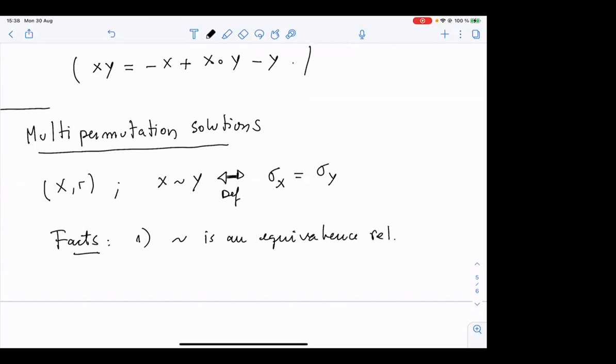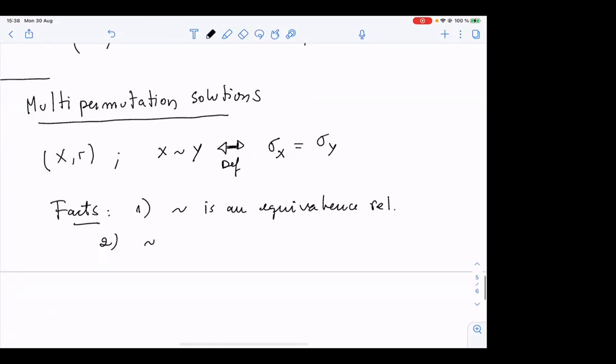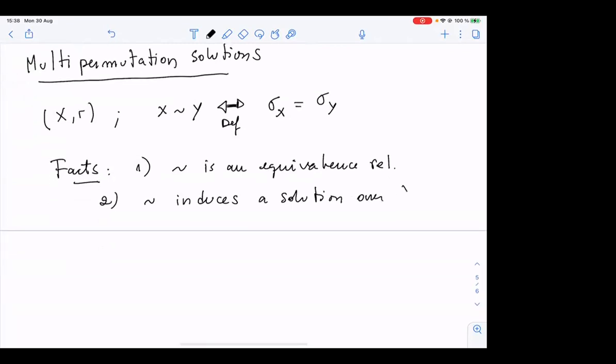The second fact, which is also non-trivial and very powerful, is that this equivalence relation induces a solution, again a non-degenerate involutive solution, over the set of equivalence classes.